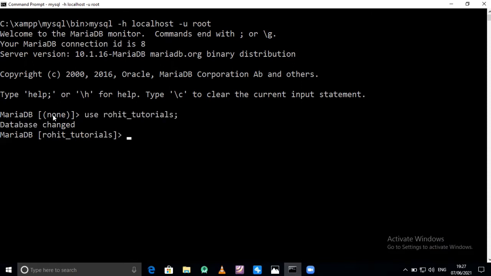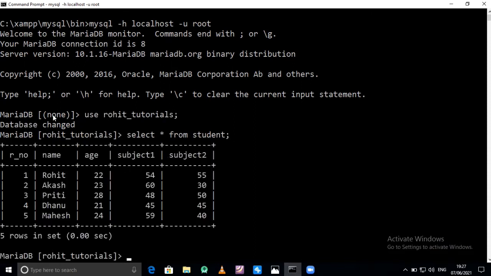Next, how does our student table look? With the help of the select command, select star from student. Star is nothing but retrieving each and every attribute from the table. So our student table consists of first attribute roll number, second name, third age, fourth subject 1, and last subject 2.